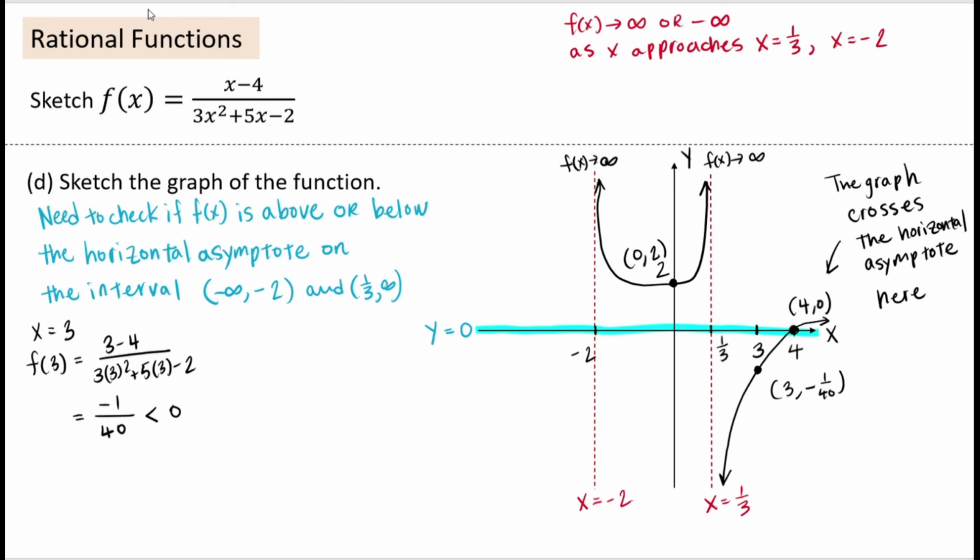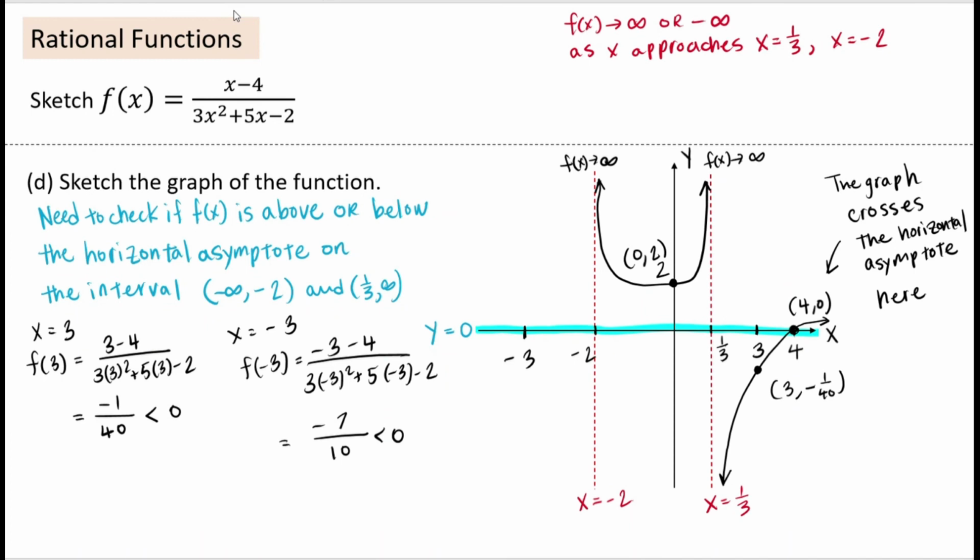Let's pick x is equal to negative 3. Then we have f of negative 3 is equal to (negative 3 minus 4) over (3 times negative 3 squared plus 5 times negative 3 minus 2), which is negative 7 over 10. So when x is equal to negative 3, the function is below the horizontal asymptote.